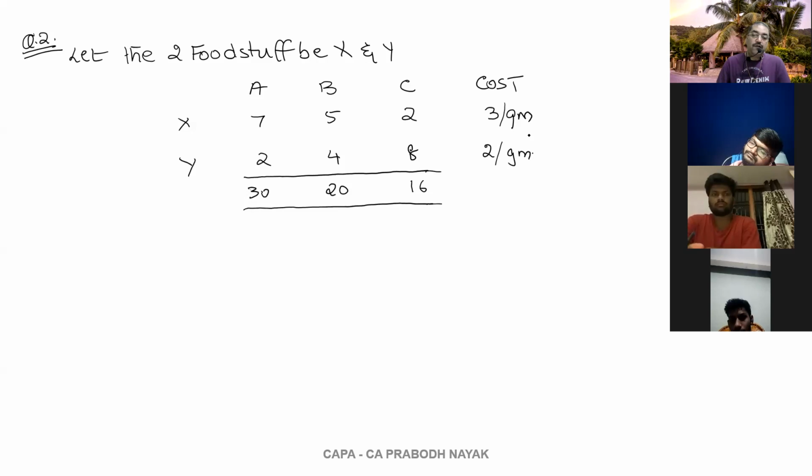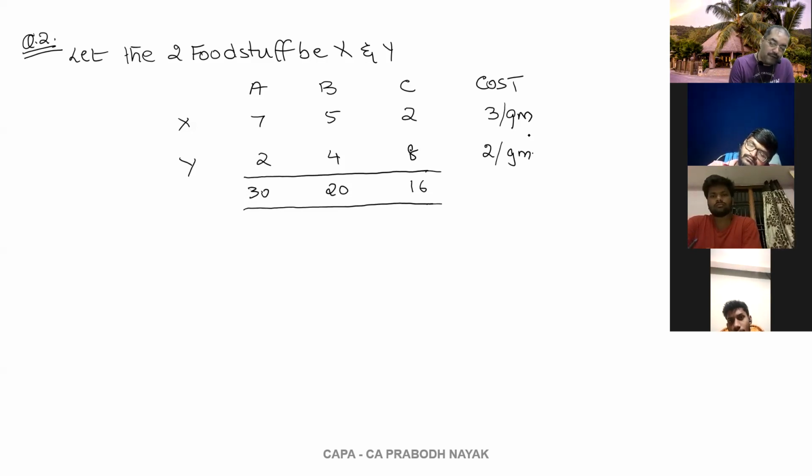Okay, what is the question? The problem is how many grams of each foodstuff should the housewife buy every day? So I say let X1 and X2 be the number of units of the first and second products, X and Y, purchased.